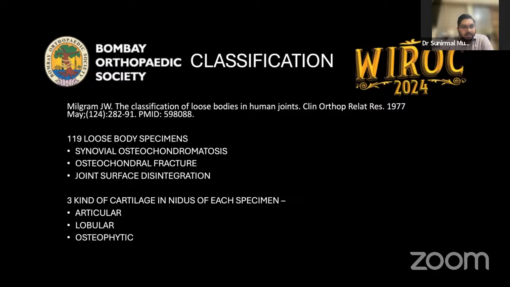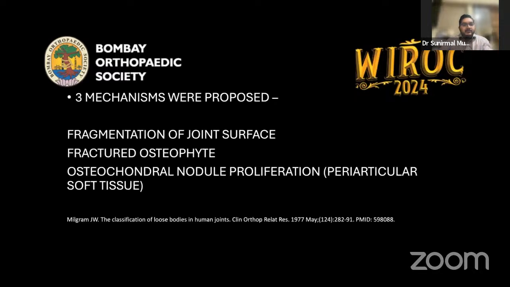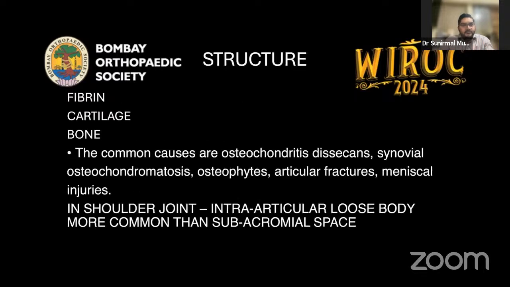And osteophytic cartilage, basically from osteophytes which are fractured. So three mechanisms were proposed by Dr. Milgram: fragmentation of the joint surface, fractured osteophyte, or osteochondral nodular proliferation, which is basically synovial proliferation.